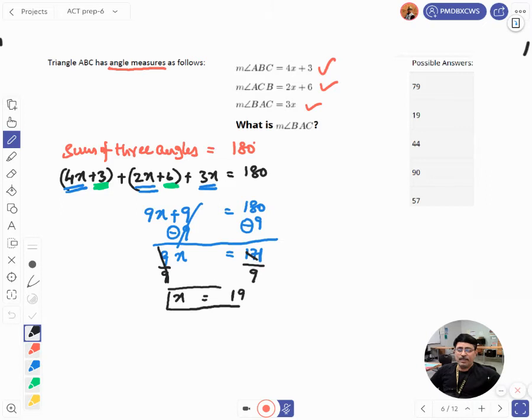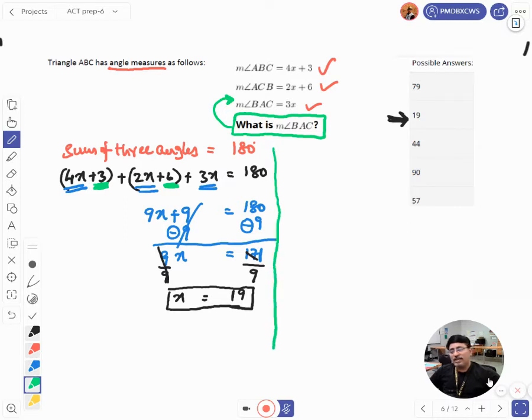You know, there will always be a misleading answer. You may think that 19 is the correct answer, but this is not. The question asks what is the measure of angle BAC. You are not asked to find the value of x, but the measure of angle BAC.